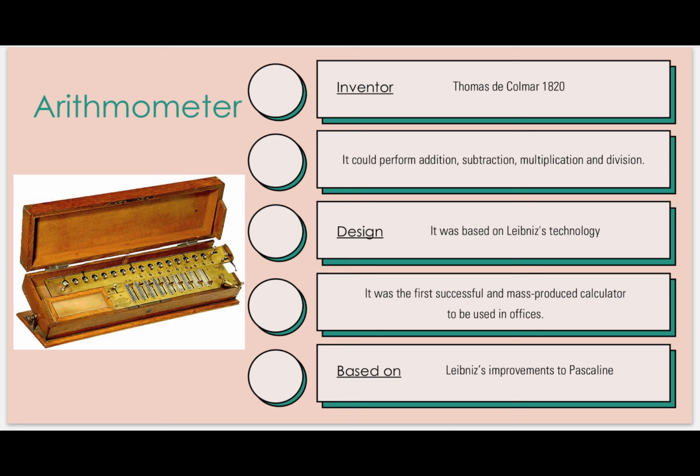For example, everyone uses sanitizer and masks, but not in large numbers. During the corona pandemic, everyone was using masks and sanitizer, so we can say that during the pandemic the production of sanitizer and masks was at mass produce level.